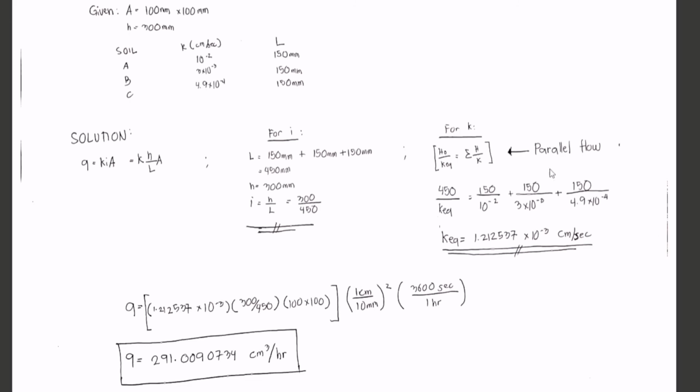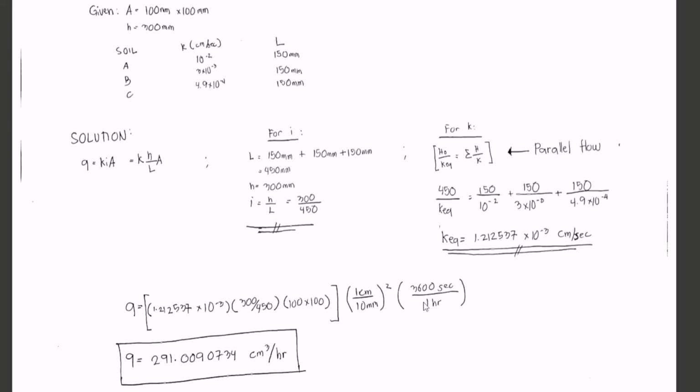So, ito yung solution niya, 450 over the equivalent coefficient of permeability is equals to 150 over 10 to the negative 2 plus 150 over 3 times 10 to the negative 3 plus 150 over 4.9 times 10 to the negative 4. So, makakakuha tayo ng equivalent na K natin na 1.212537 times 10 to the negative 3 millimeter per second.